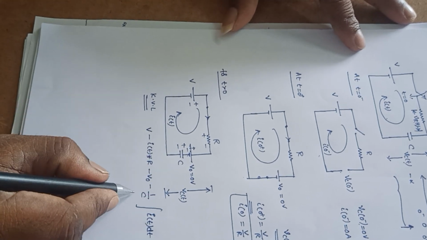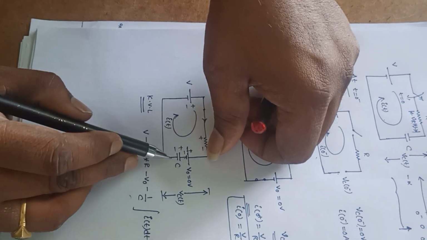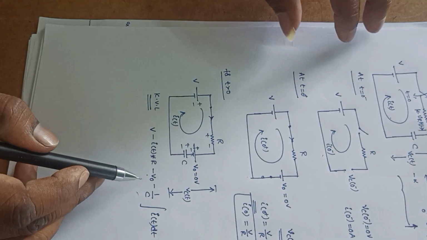If you want to find the voltage across the capacitor from here to here, this V0 should also be considered.